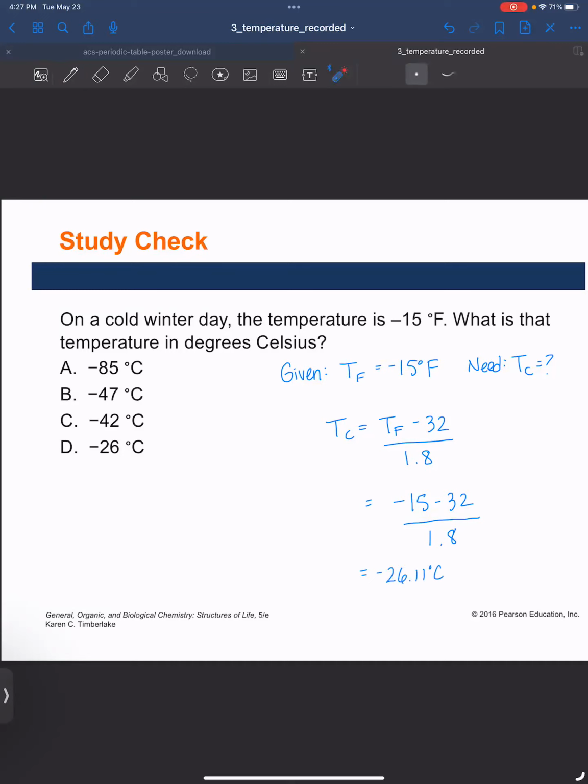But once again, because it's subtraction, at first I got negative 47, that would go to the ones place. You're dividing by an exact number, so we're just going to keep it to those two sig figs. And so that's the reason why the final answer is negative 26 degrees Celsius, so to two sig figs there.